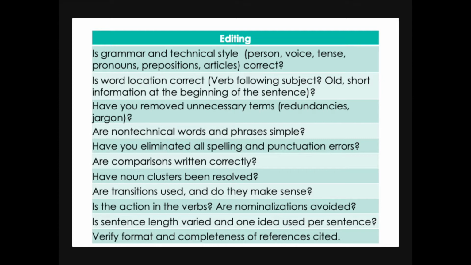And then also at this stage, you need to verify the format and the completeness of the references that you have cited. Way back in the lesson when we talked about finding and citing references, I mentioned that in your reference managing software, you might have to make some corrections because certain sources of citations are not formatted correctly.